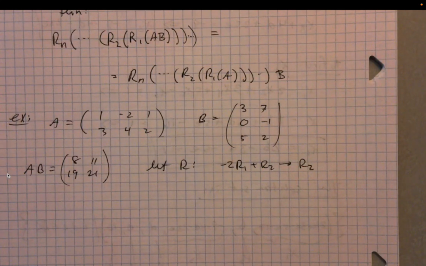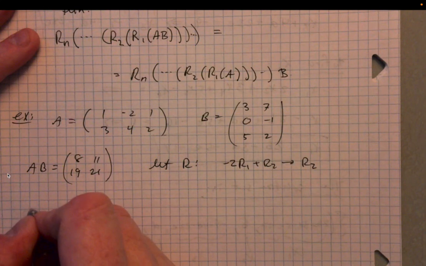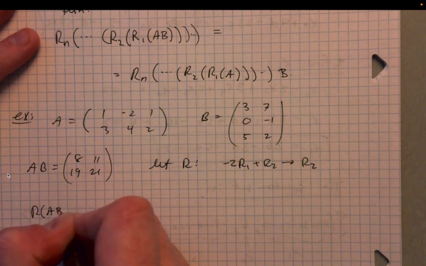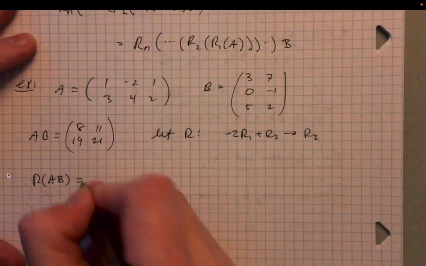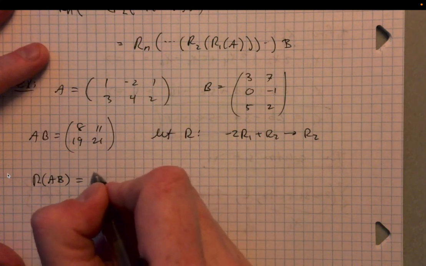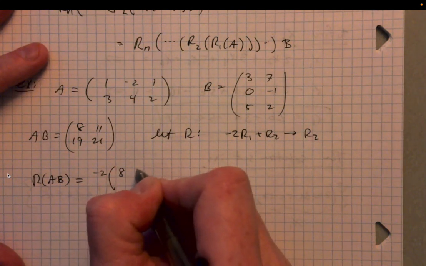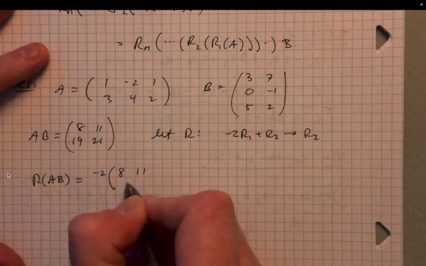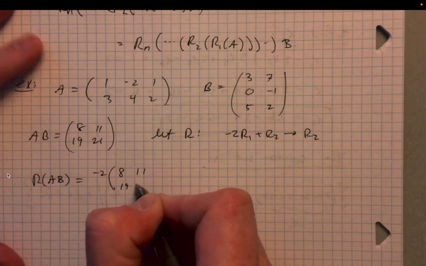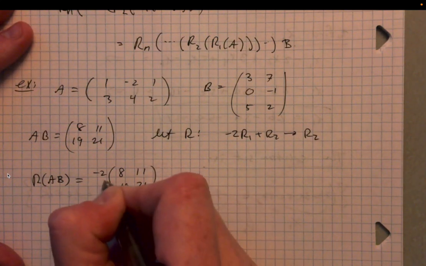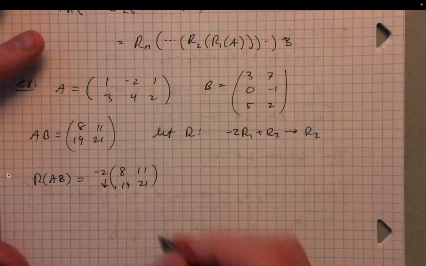This is just one I arbitrarily chose. Okay, so let's do that row operation to AB. Okay, and so that's basically -2 multiplied by 8 and 11, added to 19 and 21. Right, so we're doing this kind of thing here.